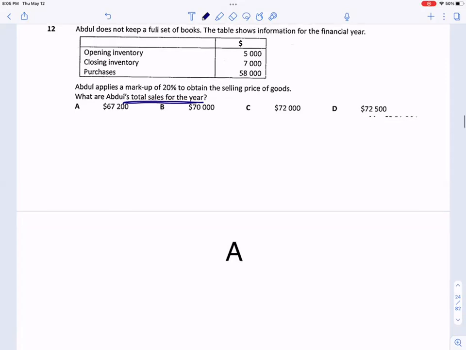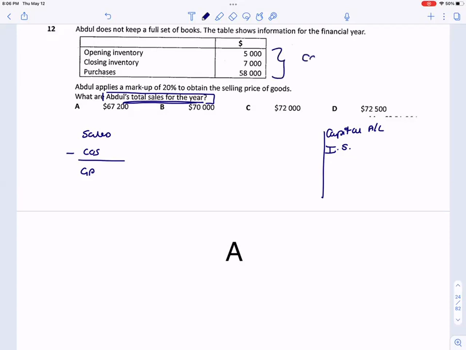How will you find the sales? What statement will you prepare? Will you prepare capital account or income statement? Income statement. Very good. So sales minus cost of sales gives you gross profit, right? What is cost of sales?